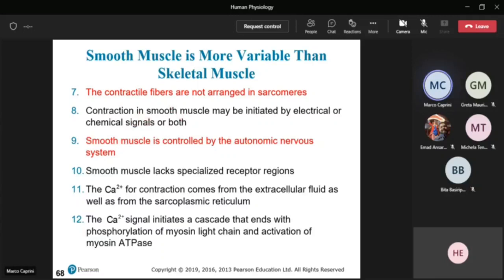The smooth muscle cell can be contracted by an electrical or chemical signal, or sometimes the smooth muscle cell can contract by itself, without any type of stimuli, we will say. The smooth muscle cell is controlled by the autonomic nervous system.